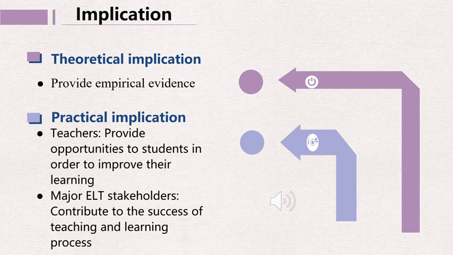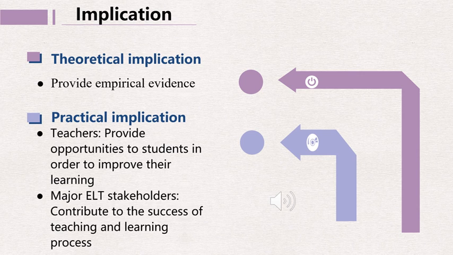Now, as for the implication part, both theoretical and practical implications are shown in this study. For the theoretical implication, the research focuses on filling the gaps and making up for the deficiency, and proves the significance and effectiveness of self-assessment in minimizing the evaluative mismatches.